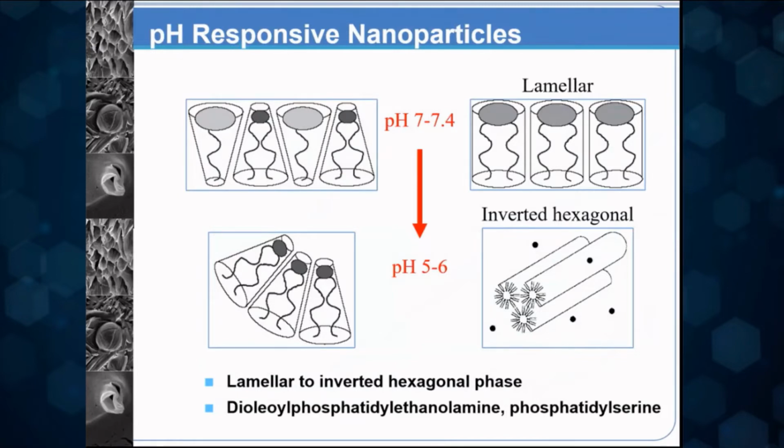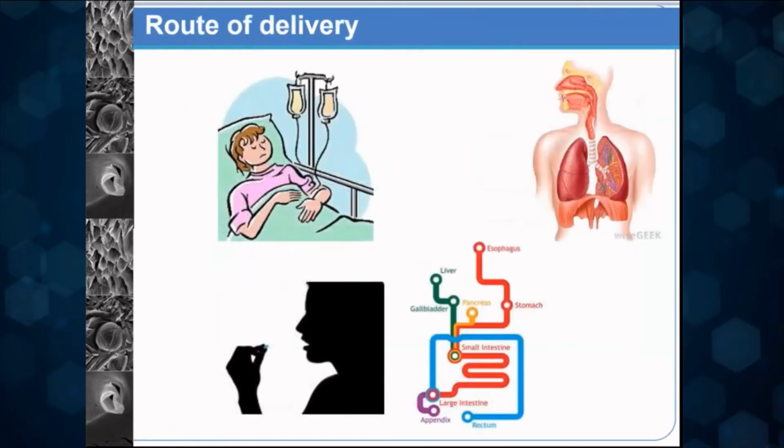And this is one example where, if you have different kinds of materials, they can be made to coexist in the form of a lamellar phase. But when there's a pH change, because of the change in balance between the size of the head group and the chains, you get an inverted hexagonal phase. And this then gives you an inside out configuration leading to release of the drug.